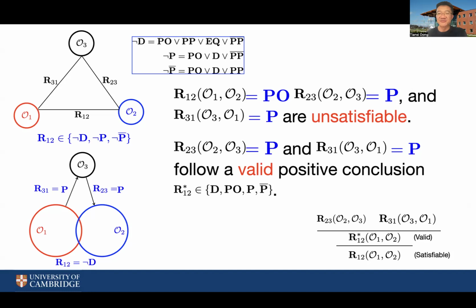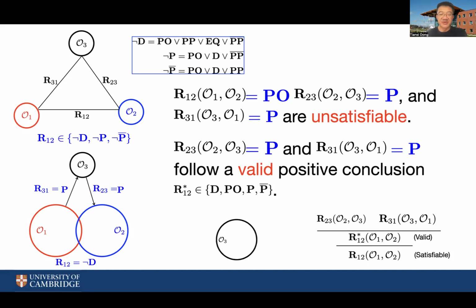This means if we start from O3 to create sphere 1 and 2, the relation between them will be automatically satisfied.